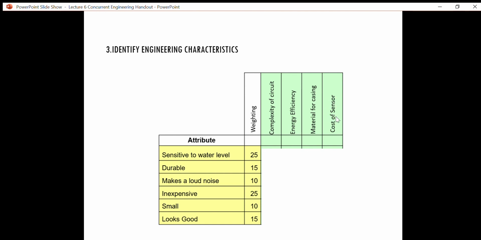Then cost of the sensor: of course, for sensitivity to water they will use a good sensor to be sensitive, so that will be reflected in the cost. And the noise also will reflect in the sensor cost.